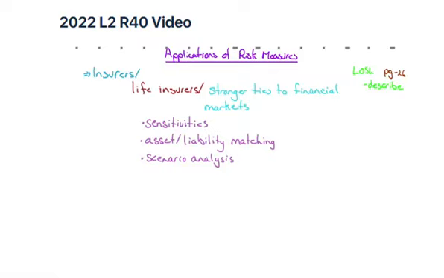These have stronger ties to financial markets because a lot of this money, especially in life insurance policies, much of it is tied to market performance, especially things like segregated funds, which are life insurance policies tied to some value of a market portfolio. Risk measures here: sensitivities, asset liability matching, scenario analysis. Since we know what all of these are, there's no need to describe them in detail.